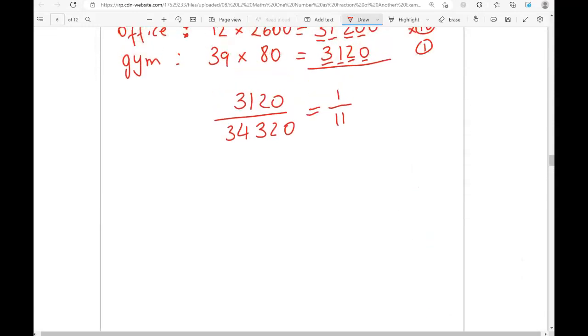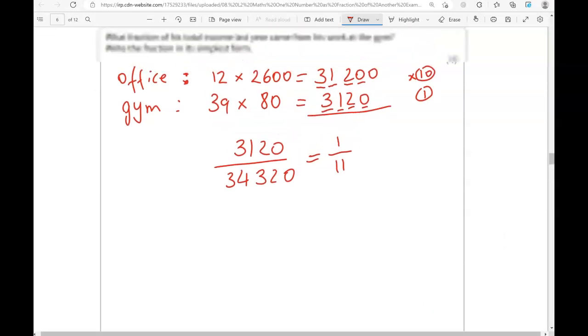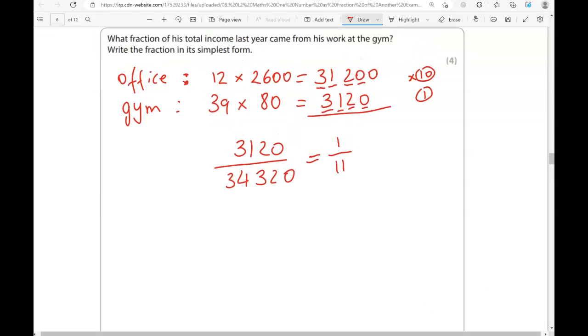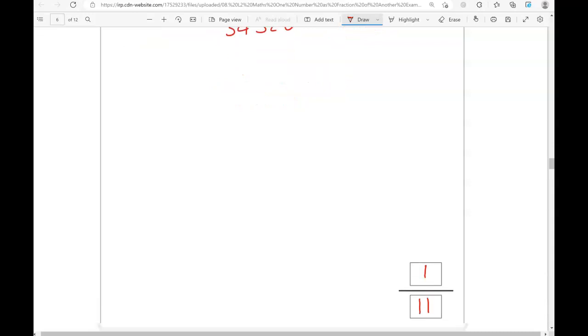If you didn't spot this link between the two, you can always halve the numbers, divide by 3, whatever it might be that both numbers can be divided by, to get to the point where you get 1/11.